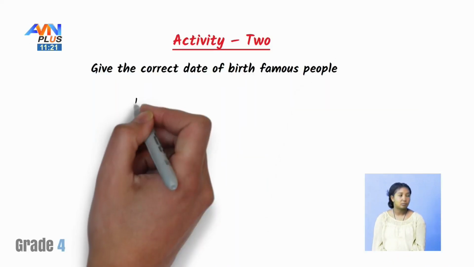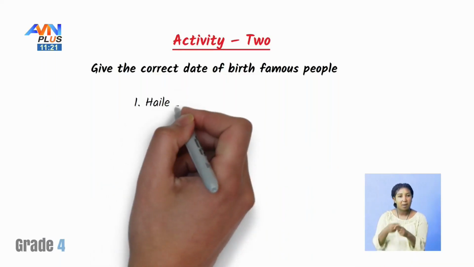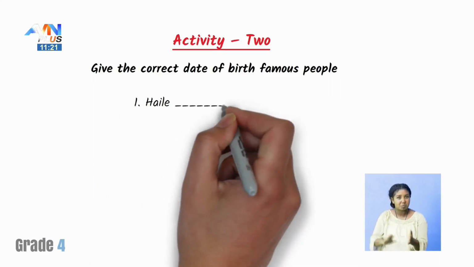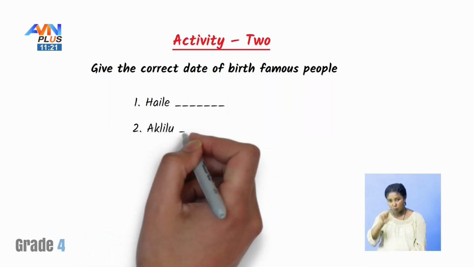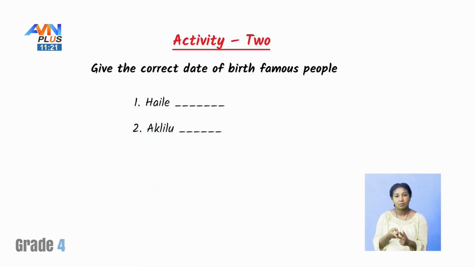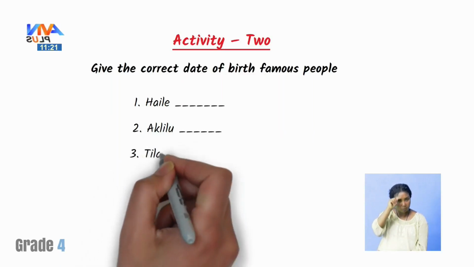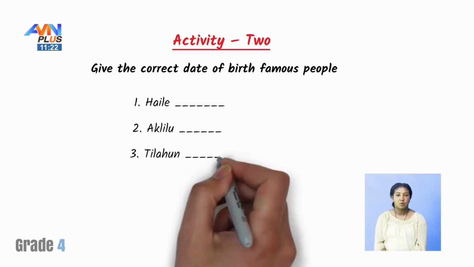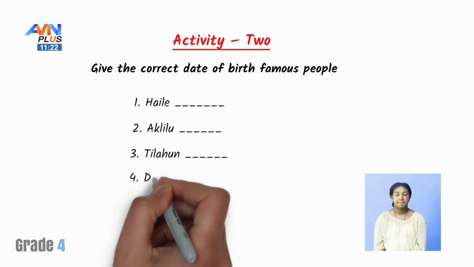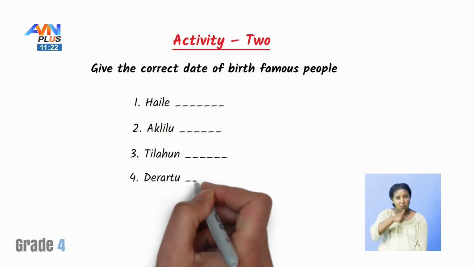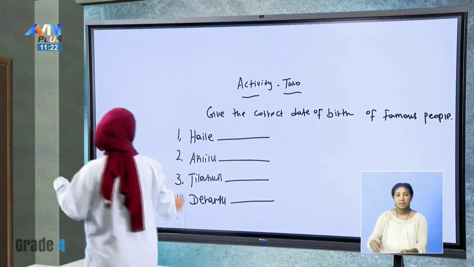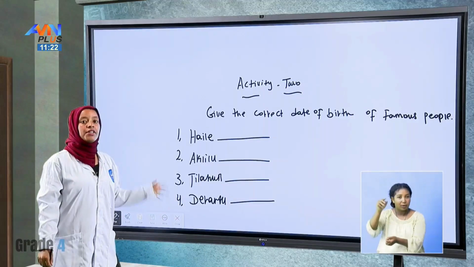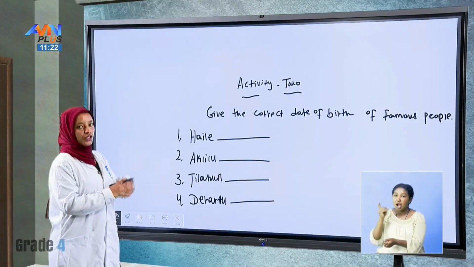The first one is Haile Gebrselassie. The second one is Aklilu. The third one is Tilahun. And we can also mention the famous Ethiopian female runner, Derartu Tulu. Here are Haile Gebrselassie, Dr. Aklilu Lemma, Tilahun Gessese, and Derartu Tulu. Let me give you some time until you are finished.